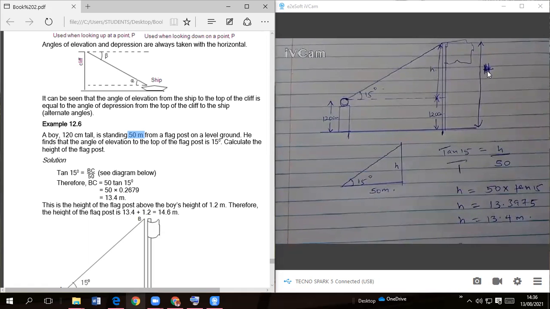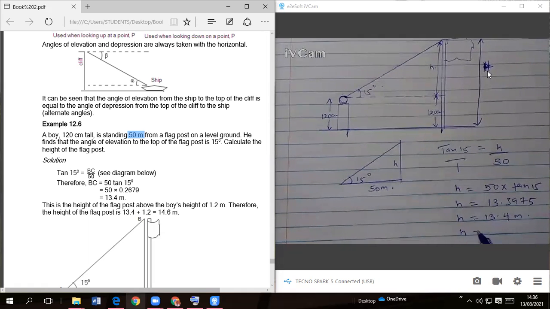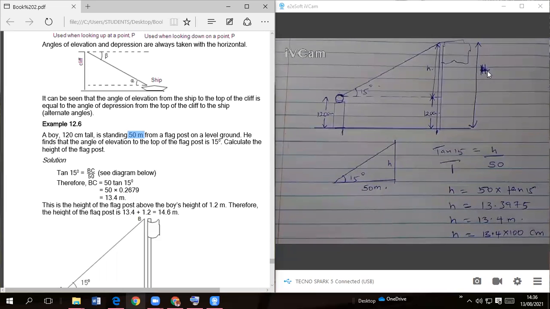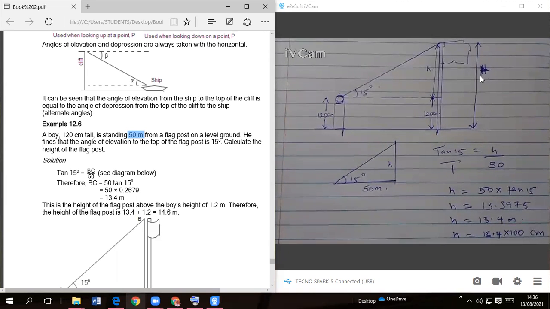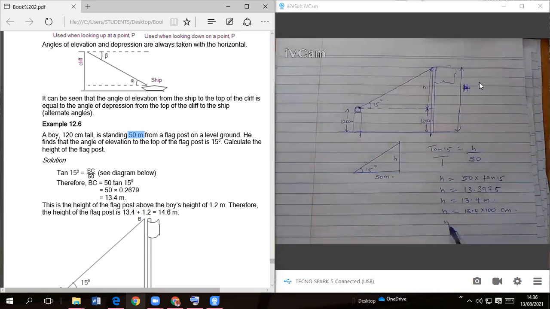So our h becomes 13.4 times 100 to have it in centimeters. What do we get there? We get h is equal to 1340 centimeters.